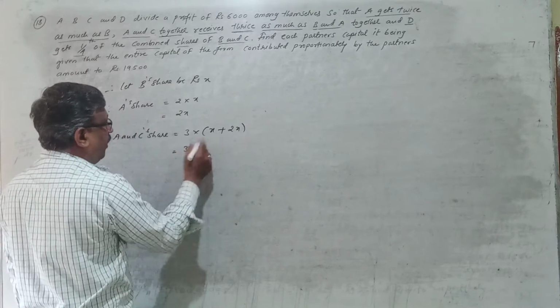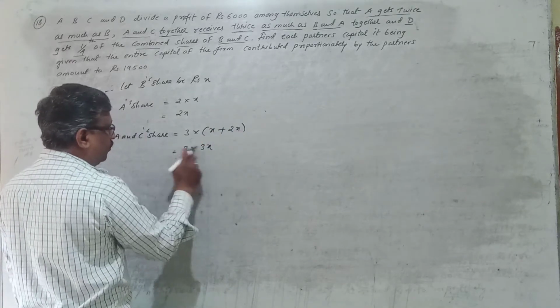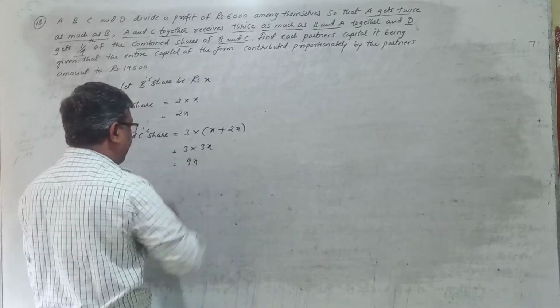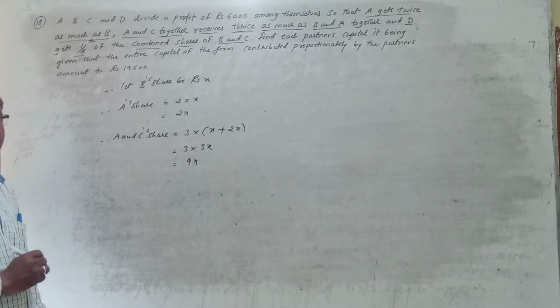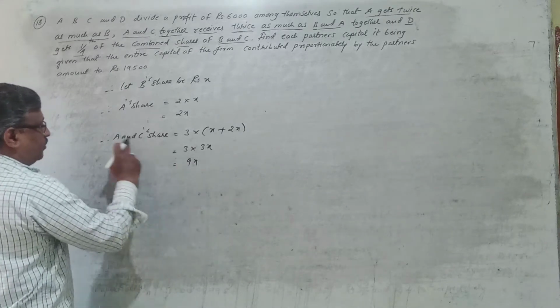So it is 3 into (X plus 2X), which is 3 into 3X, that is 9X. So 9X is the share of A and C.